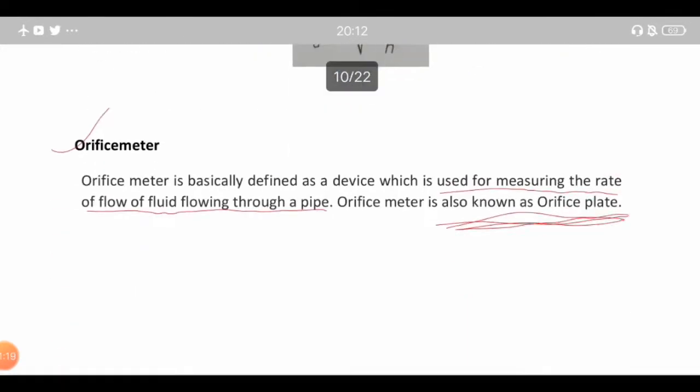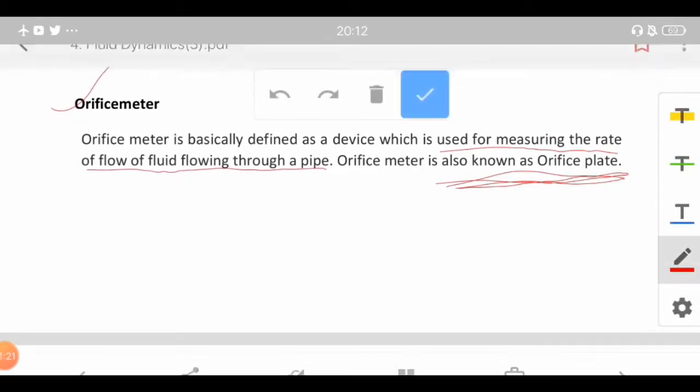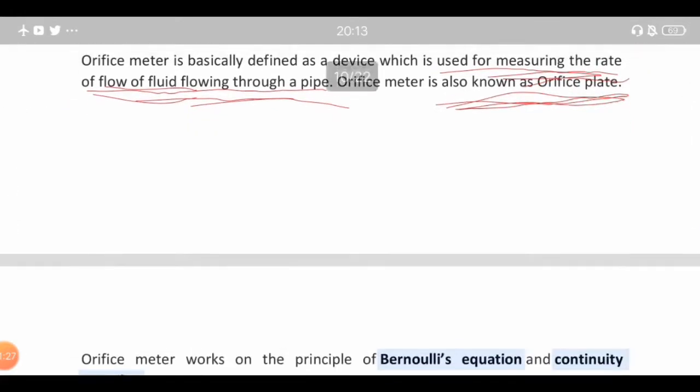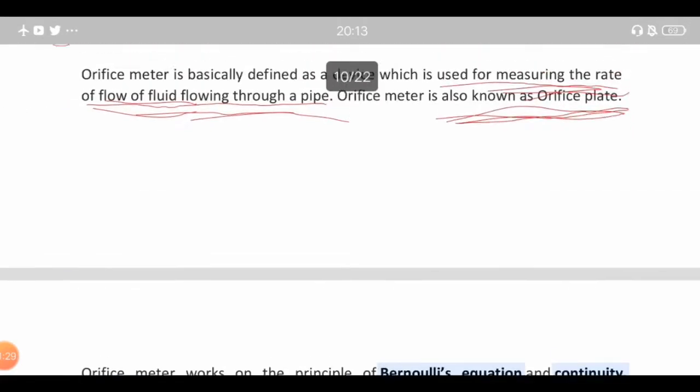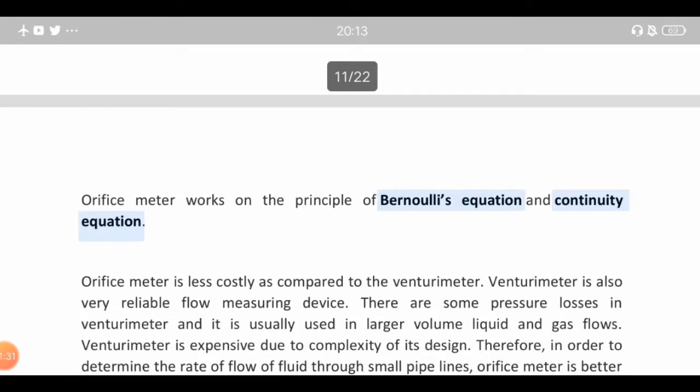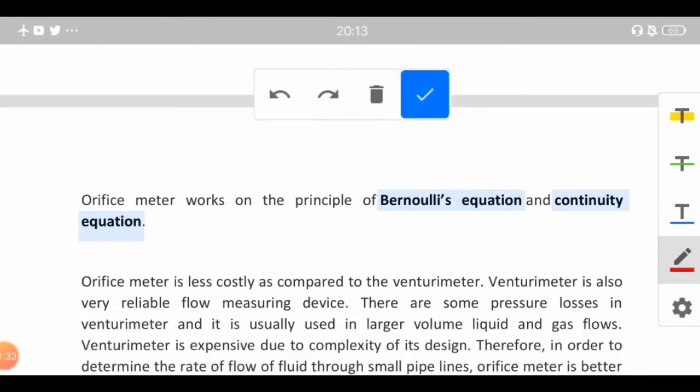These are basically used for measuring the rate of flow of fluid through a pipe, both venturimeter and orifice meter, and also we will study the pitot tube, which is also used for the same purpose. Just like the venturimeter, the orifice meter works on the principle of Bernoulli's equation and the continuity equation.